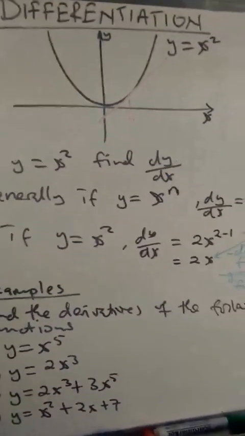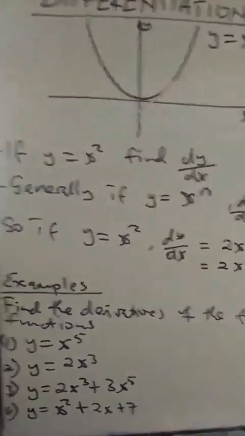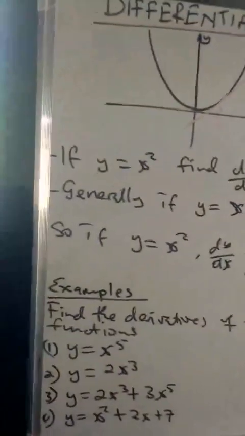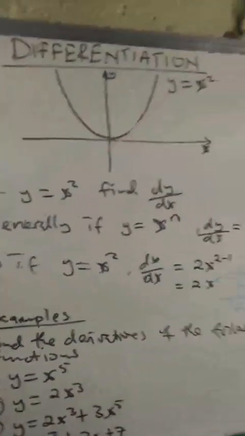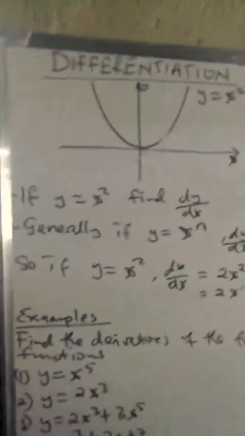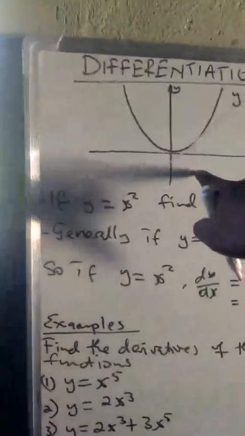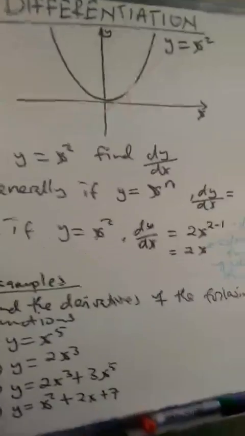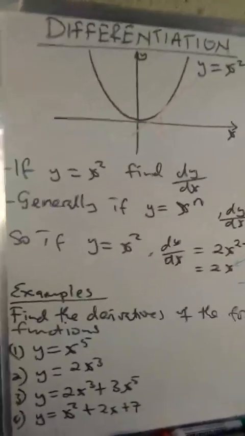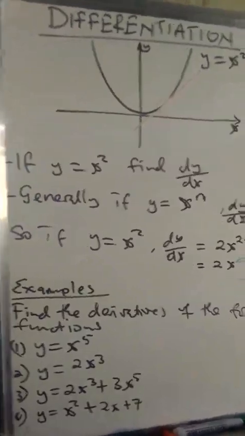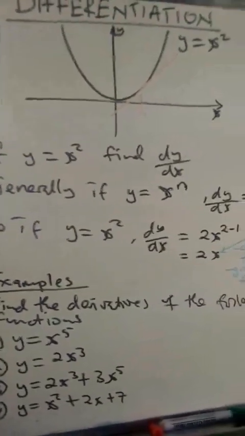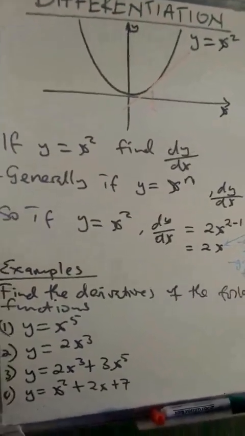You can use differentiation to find the gradient function. It's now called the gradient function. You can put the values of x into that gradient function, and then automatically you find the gradient at that respective point, right?